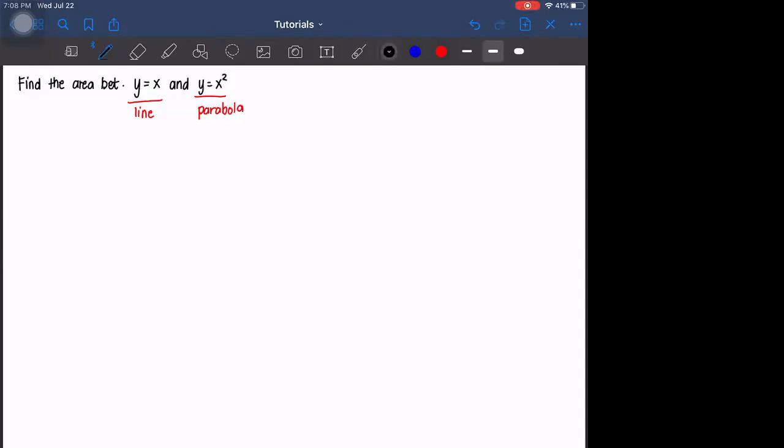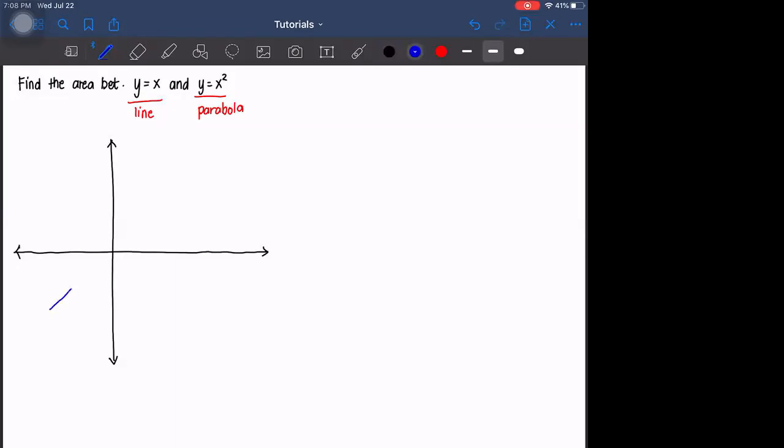What is y equals x? It's a line. Is it vertical or horizontal, or is it inclined to the right or inclined to the left? 1 by 1.